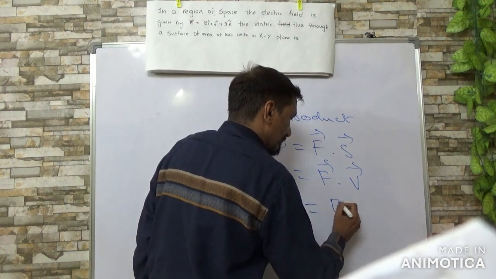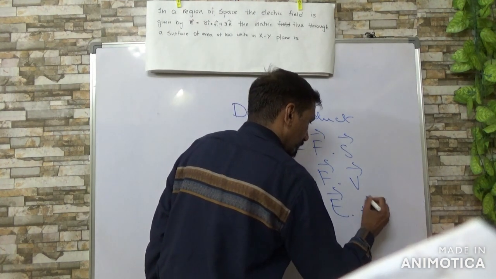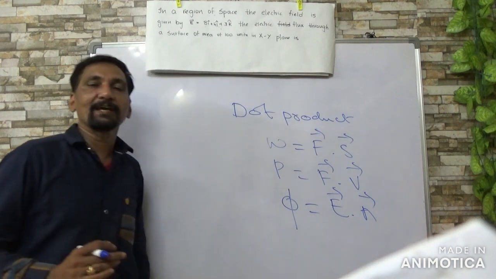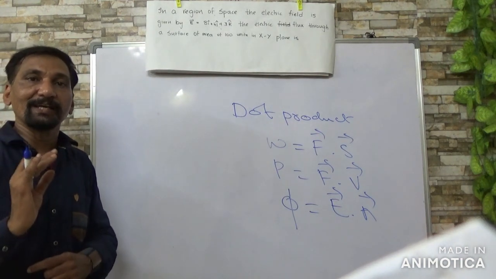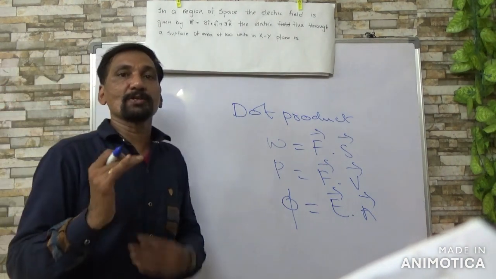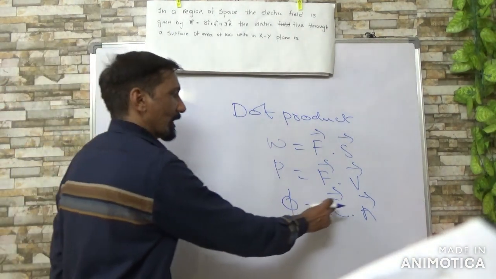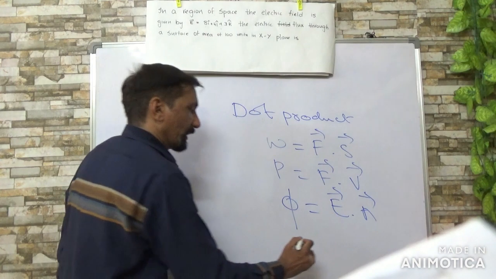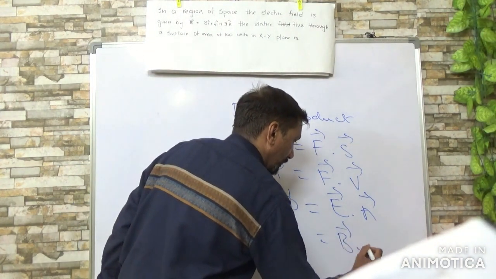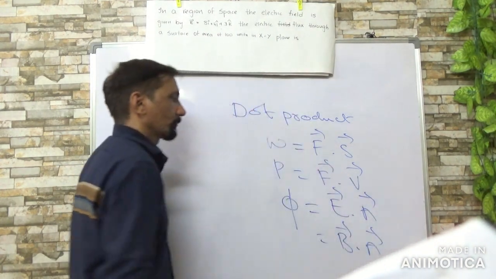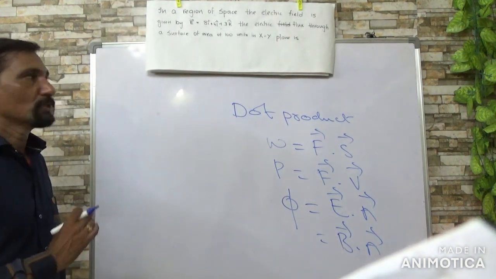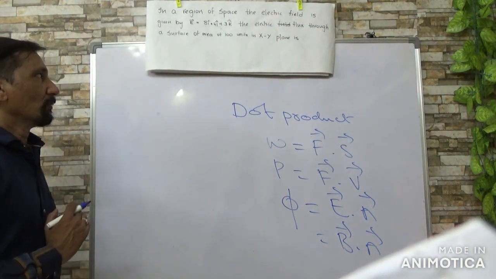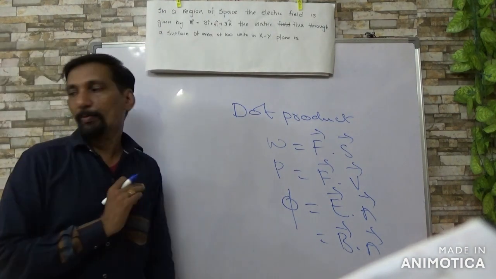Electric flux is E bar dot A bar, where A is the area of cross section, not area. Remember, area is scalar, area of cross section is a vector. So E bar dot A bar, or else you can take B bar dot A bar. These are all dot products. Now based on dot we will solve one problem.